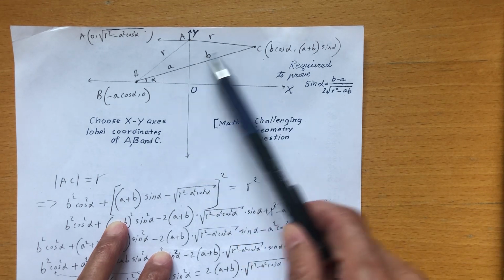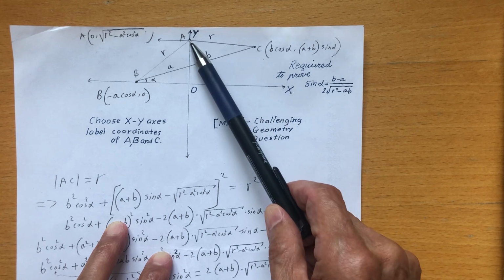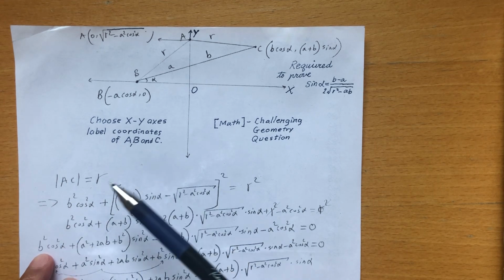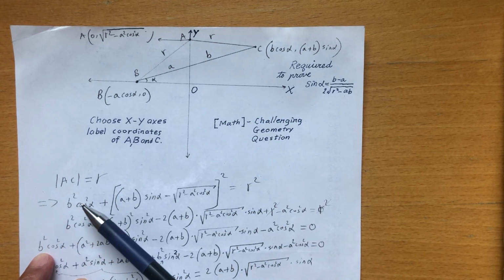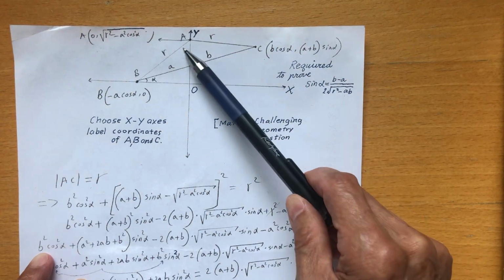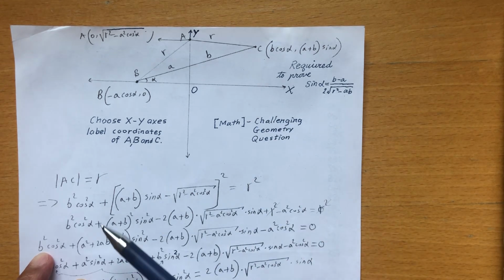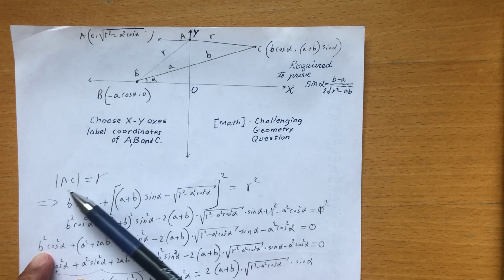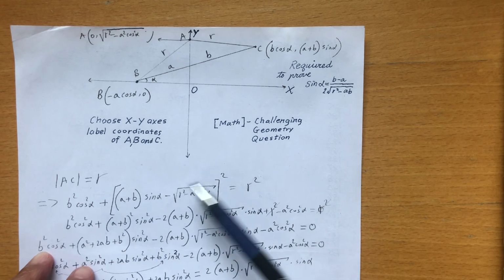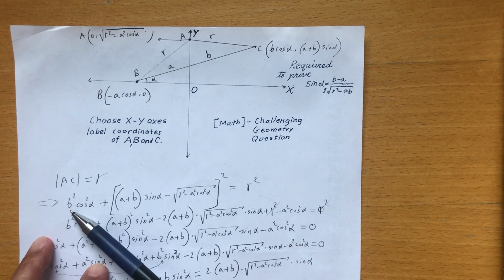Then from this, I can find R. What is R squared? Let's see his writing now.